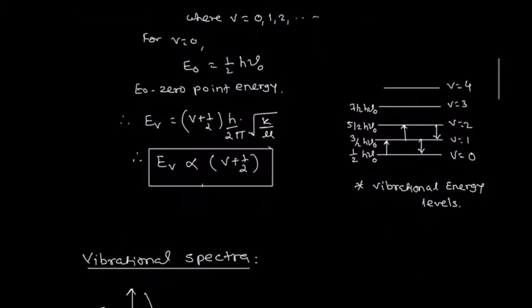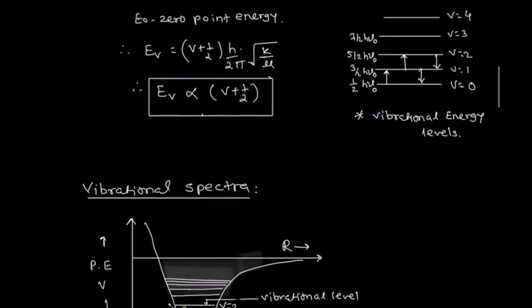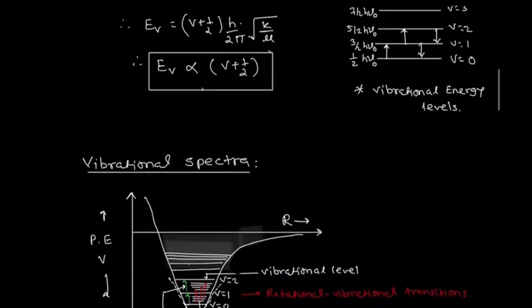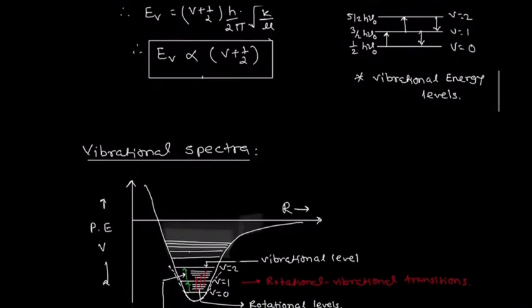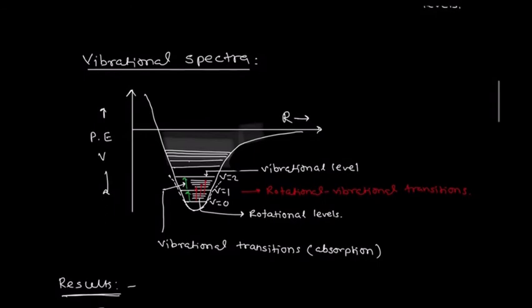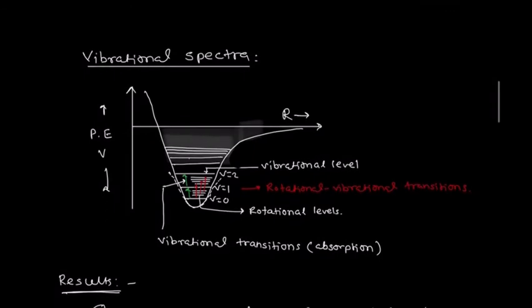Now we explain the vibrational spectra. The vibrational energy relation is known. From the potential energy curve, we also discuss the vibrational spectra. What it shows here is the variation of potential energy with nuclear separation R in the case of a diatomic molecule.